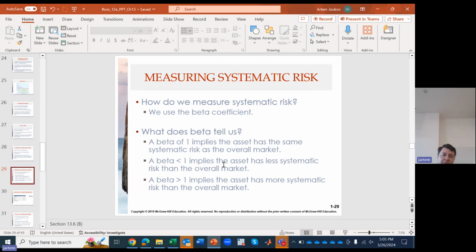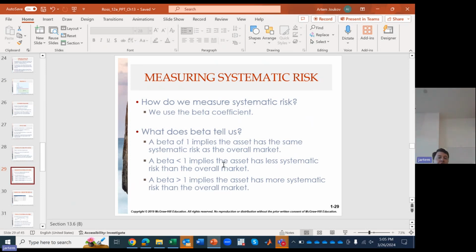So if you've got a beta that's greater than 1, then when the whole market goes up 1%, you, on average, not always, but you can be expected to go your beta times the return on the market minus the return on the risk-free asset. Okay, I'm going to show you this in a moment, just using the CAPM formula.